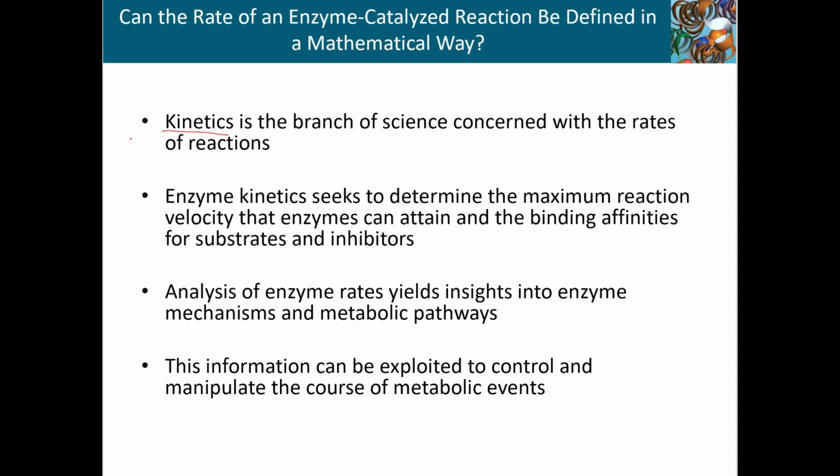If you know these things, you're 90% of the way there. And why do we lean on the math so much? Well, the analysis of enzyme rate gives us insight into the mechanism and metabolic pathways associated with that enzyme's function. It gives us ideas on how it's functioning and how it's regulated.